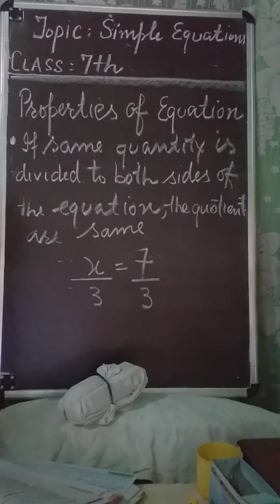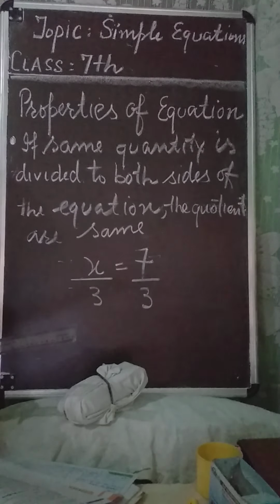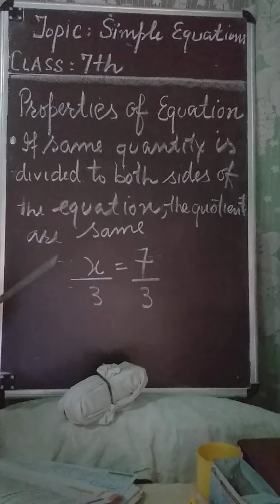Third property is that if we multiply same quantity on both sides, the products are same. The fourth property is, if on both sides the equations are divided by the same quantity, the quotients are equal. Right, children? I hope you have understood the properties of equations.